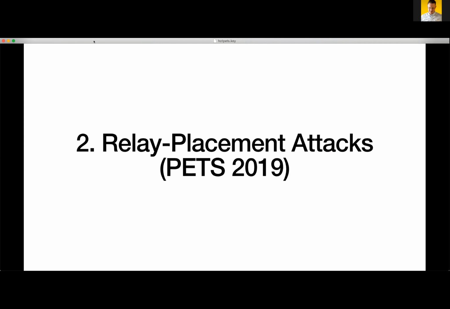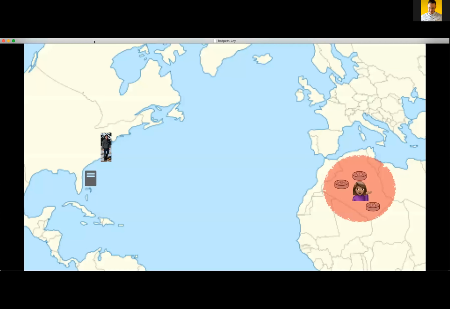Whereas the time-based attacks I described are relatively passive, the relay placement attacks that I'm going to describe now involve me becoming more active. So if I suspect Alice, one thing I can do is introduce some relays into her geographic region. Maybe I can run some VPSs and just introduce some more relays.